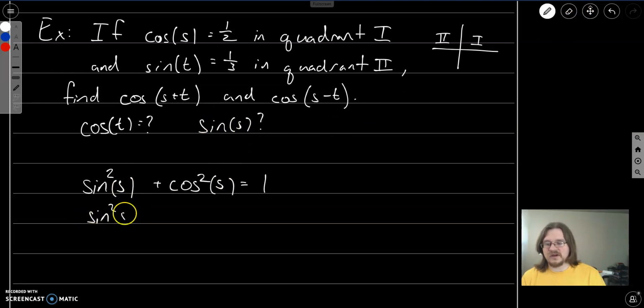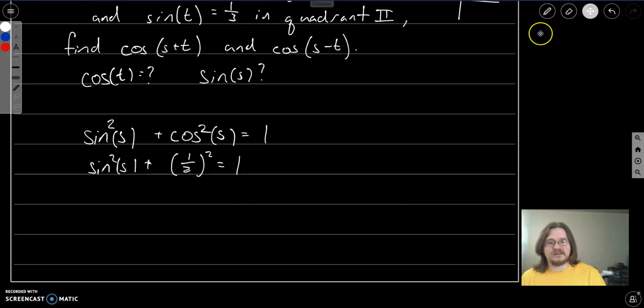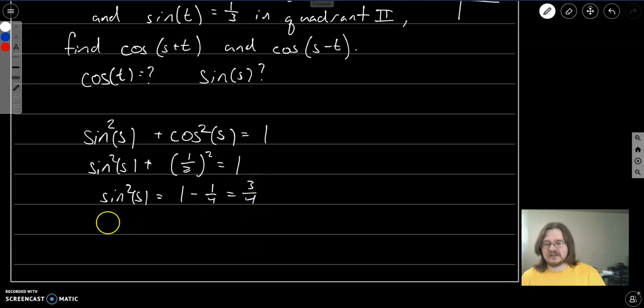The sine squared of S plus the cosine squared, well, the cosine is just 1/2, and that squared is 1/4. So sine of S squared is 1 minus 1/4 after I move that to the other side, which is just 3/4.